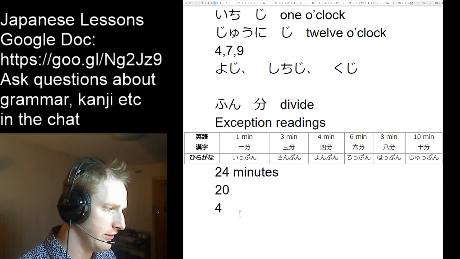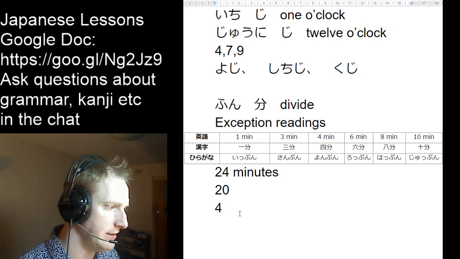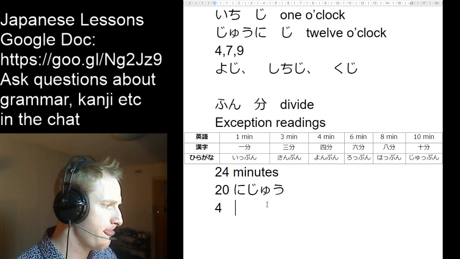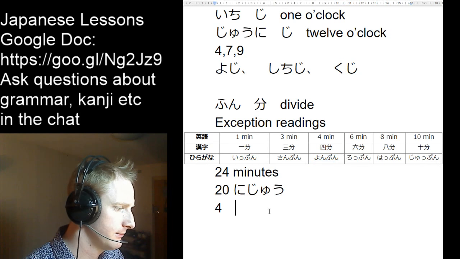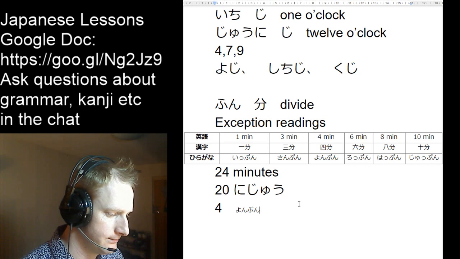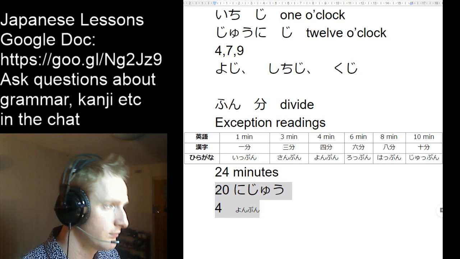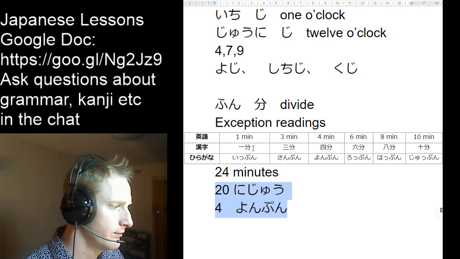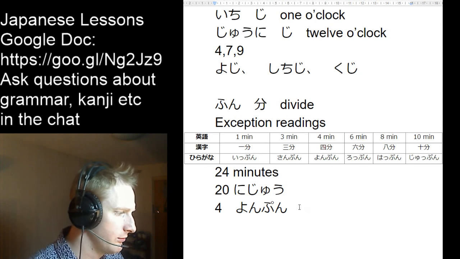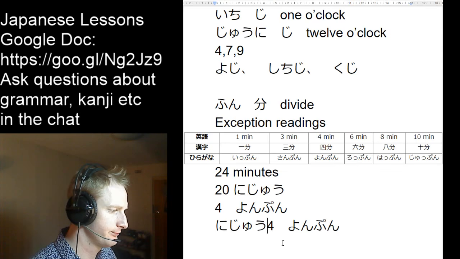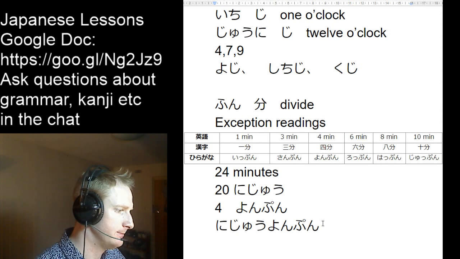So here we say, just like normal, niju. We don't put minute on here yet because minute comes at the very end. So minute we're going to have to put here, but we follow this reading. Okay, so 24 minutes is read as 24分.